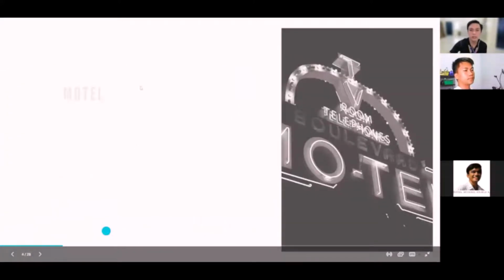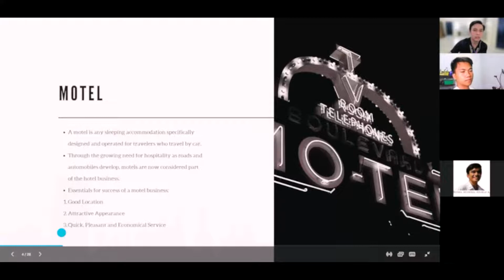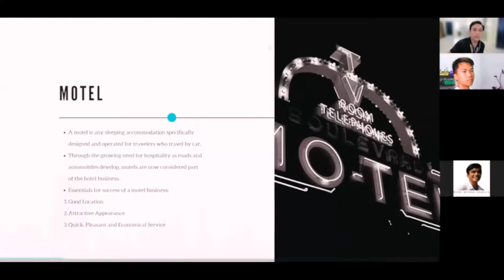Next slide. Okay, what's the motel? Motel is any sleeping accommodation specifically designed and operated for travelers who travel by car. So it's a sleeping accommodation. Usually these are used by travelers a lot.